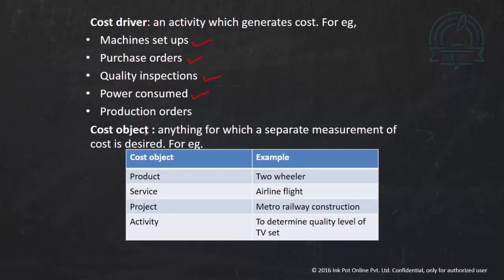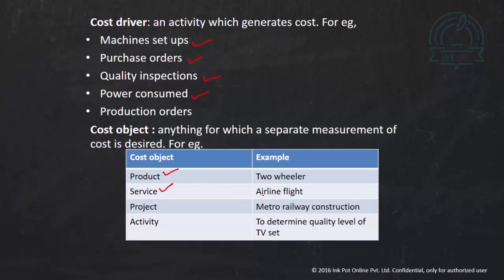Now next, cost object. Cost object is an item for which cost is compiled or accumulated. We are calculating the total cost of a product, accumulating all the costs, or calculating the cost of a service. If we are calculating the cost of a two-wheeler, it is a product, so the cost object is a product.